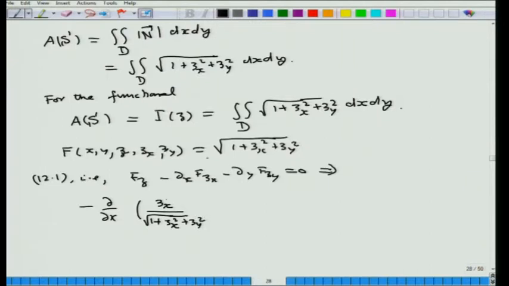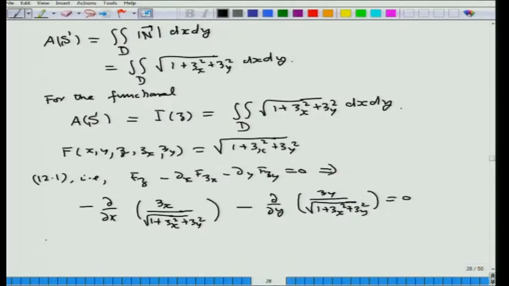So you will have 1 by 2 root that, and then twice z_x, so that 2 will cancel here, minus del over del y of z_y over root of 1 plus z_x squared plus z_y squared equal to 0.